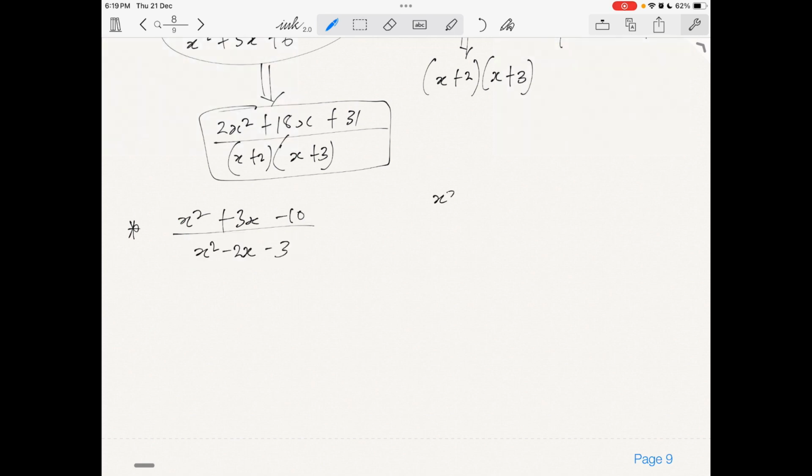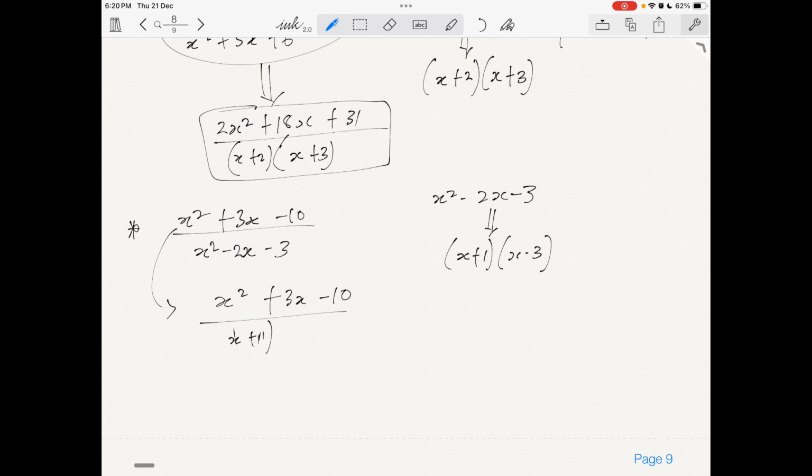We know that x squared minus 2x minus 3 can be solved using quadratic equation, and we will have x plus 1 and x minus 3. So we can rewrite this as x squared plus 3x minus 10 divided by x plus 1 and x minus 3. These are techniques that are very vital when we are solving partial fractions.